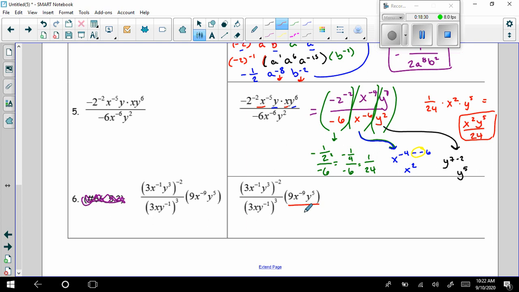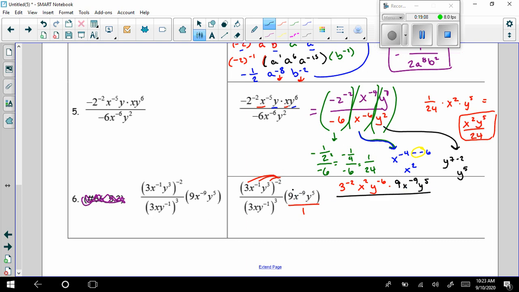Okay. This next one I'm also going to have you pause and try on your own, but I'm going to help you get started here. This is over 1, so this problem can actually be rewritten, and I'm just going to distribute as I go, so that I have 3 to the -2, x to the 2, y to the -6 times 9x to the -9, y to the 5th, all over.